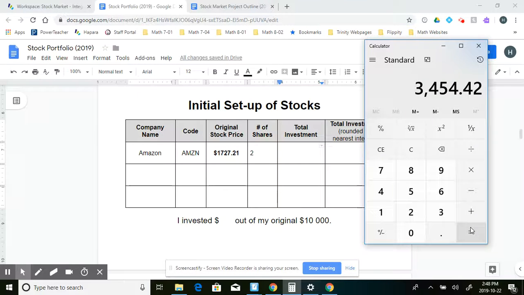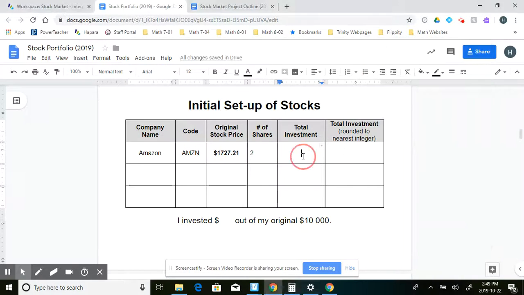And that number that we get here, $3,454.42, is the total amount that I'm investing in Amazon. So I'm going to put that in here. It's always good to put in your units. And now we need to take that and round it to the nearest whole integer. So we'll just round that right there.